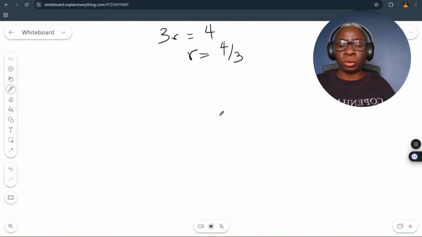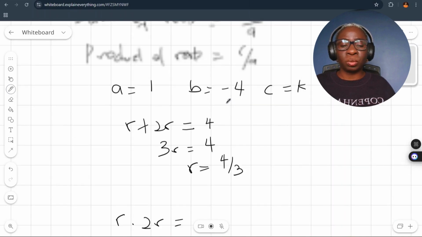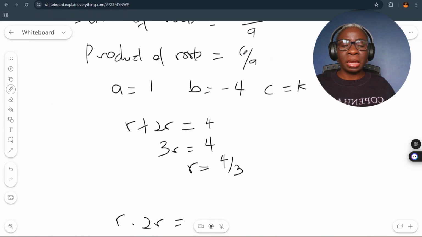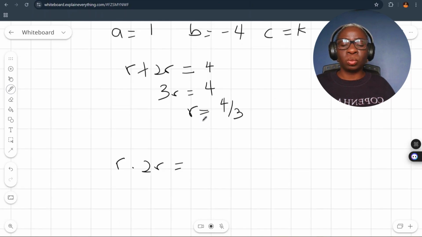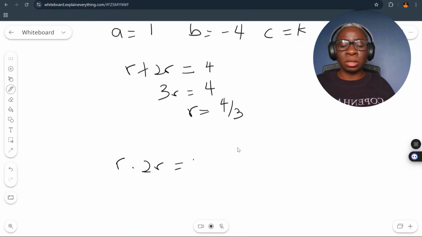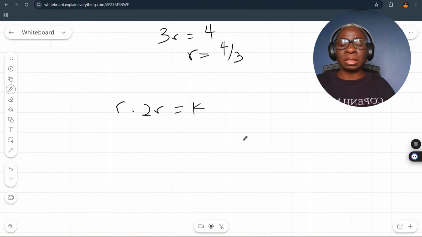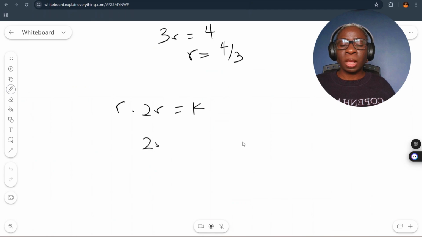Now also the product of roots will be r times 2r, and the product of roots is c over a, where c is k and a is 1. So the product of roots is equal to k. This means that 2r squared equals k.